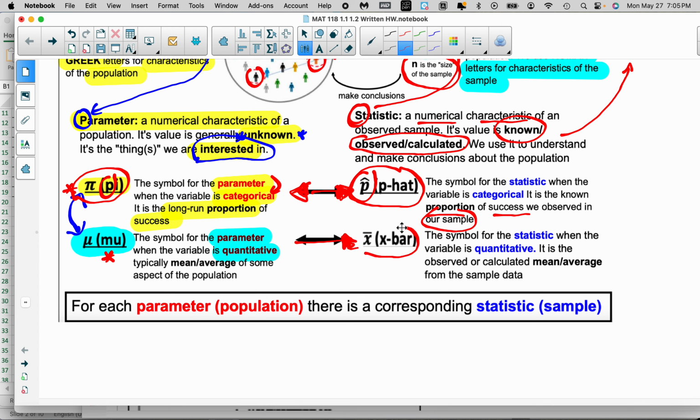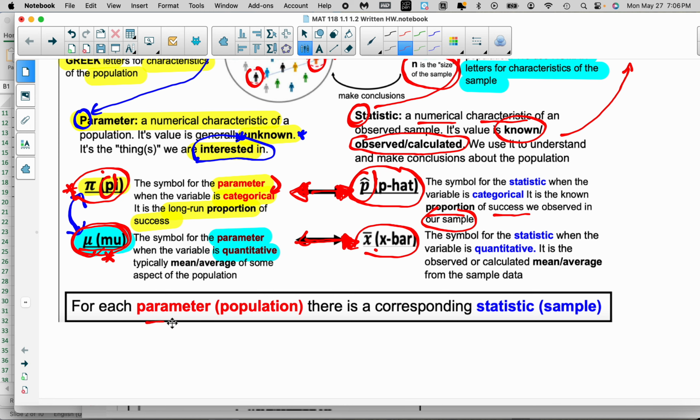We call that X bar. Whenever we're interested in quantitative data, for the parameter it's mu, and in the sample it's always called X bar. Mu always goes with X bar, pi always goes with p hat.